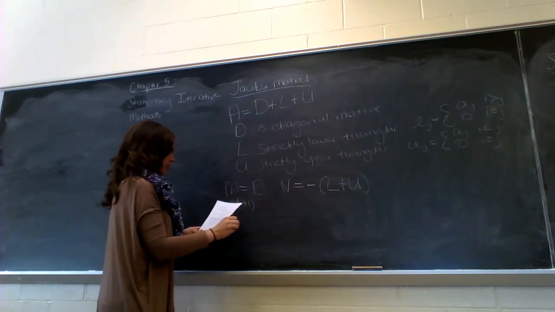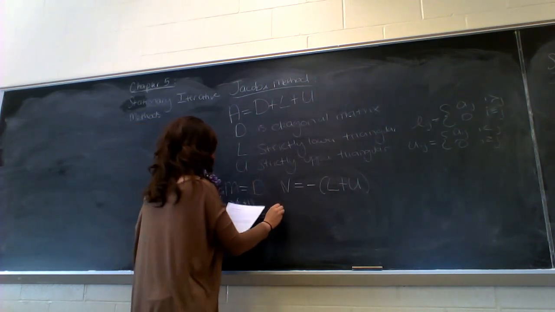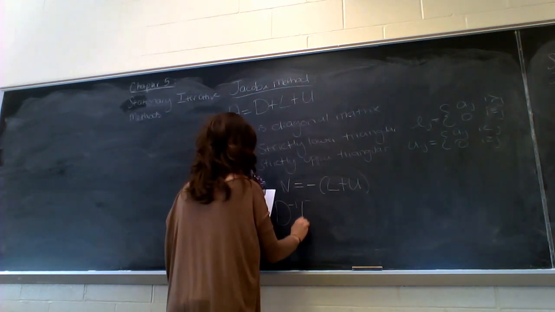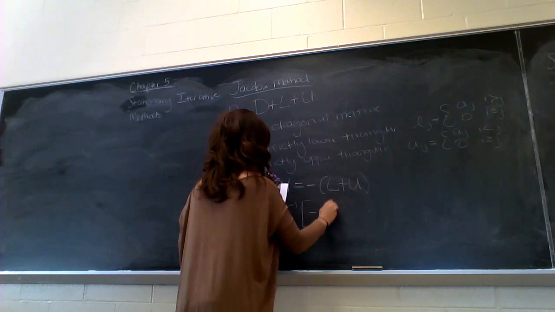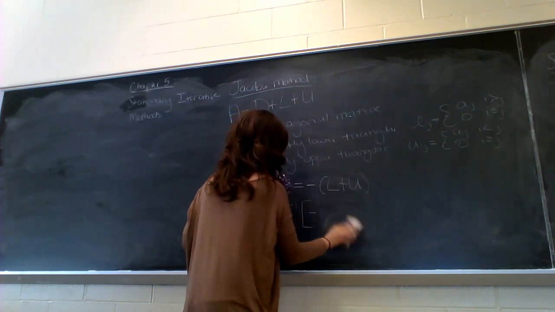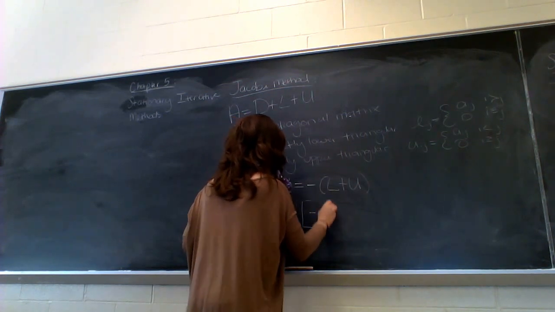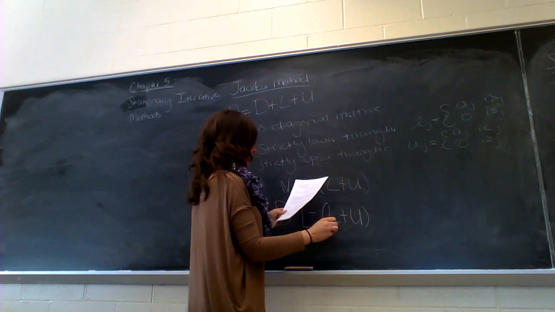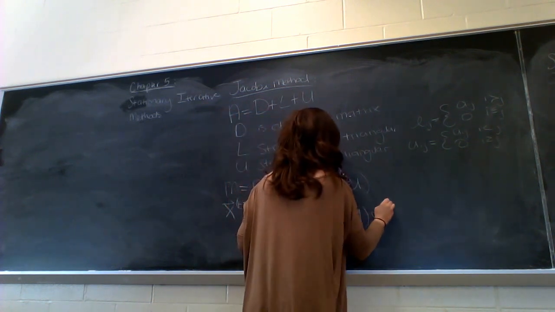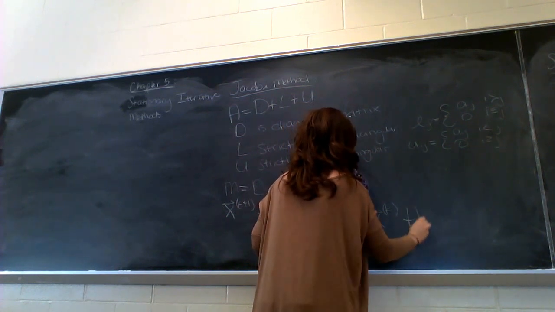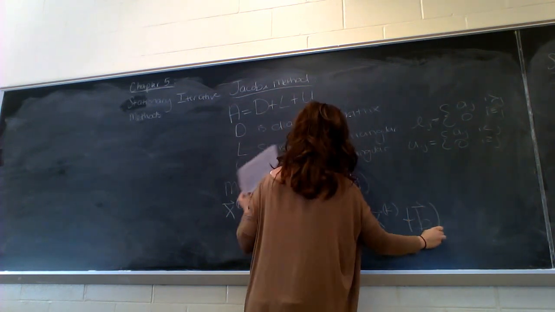So we have x^(k+1) equal to D inverse times minus (L plus U) times x^k plus b.